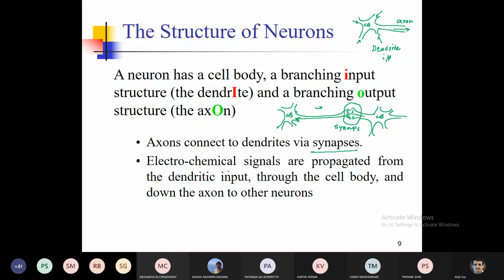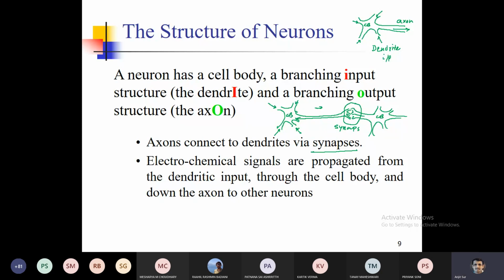It is electrochemical. Signals are propagated from the dendritic input to the cell body and down the axon to other neurons. The inputs come to this cell body as electrical pulses, sensory inputs, and there is some chemical balance there.